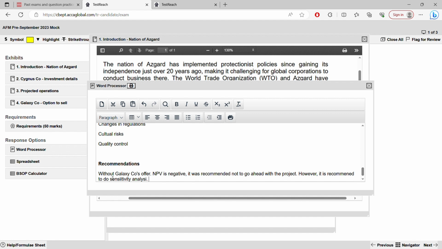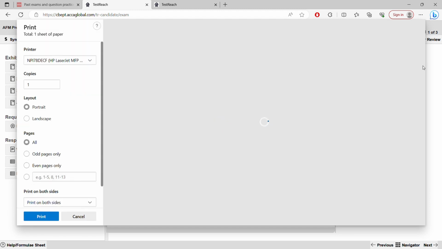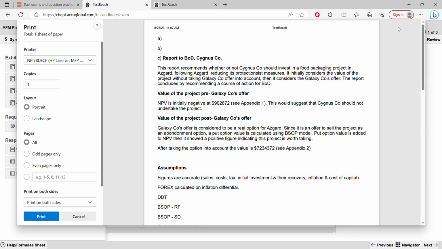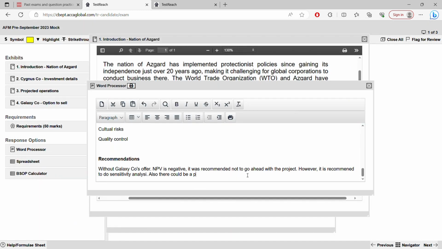Also, there could be a possibility of follow-on projects in Asgard. You know follow-on, right?